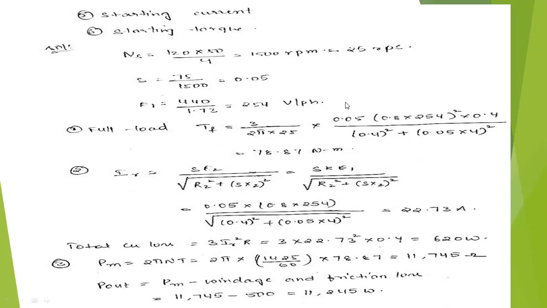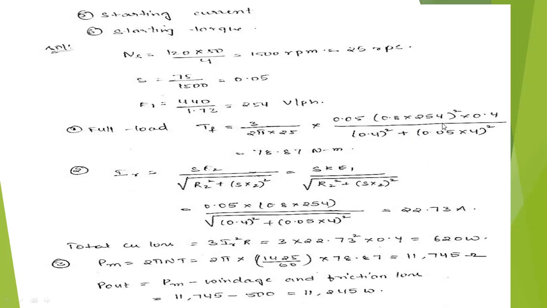Okay, so full load, 3 by 2 pi NS. 3 by 2 pi into NS value is 25, into s, 0.05. s at full load is 0.05. E2 square.